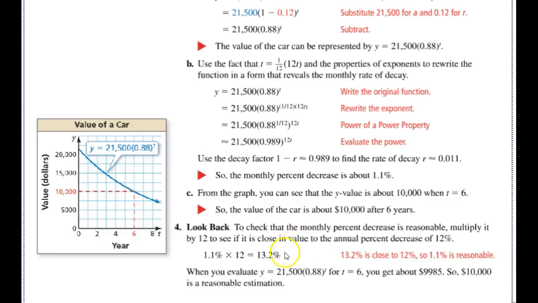So this is just double checking. When you evaluate our function for t equals 6, we get approximately $9,985. So $10,000 is a pretty close estimation. In my graph, I got 10,000. If I use my equation and 6 for t, I end up with pretty close to the same thing.